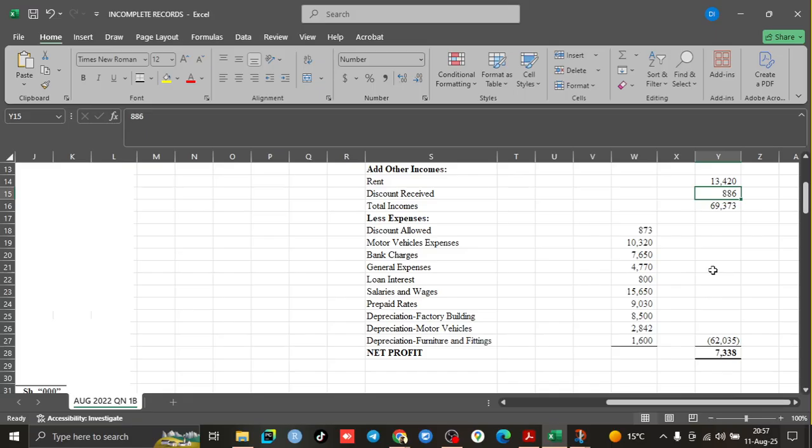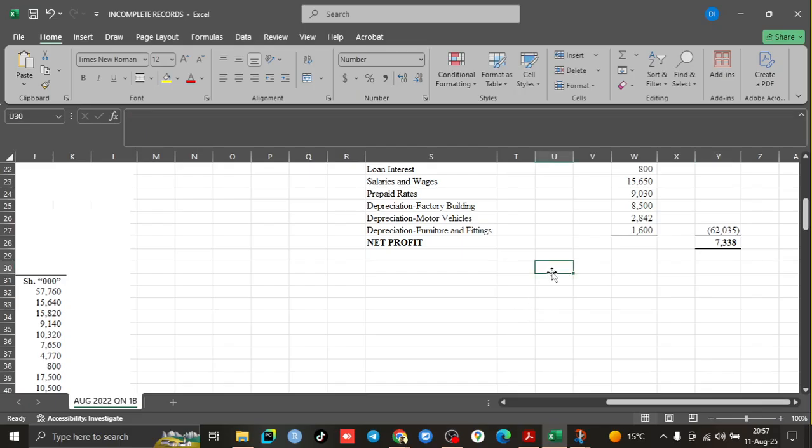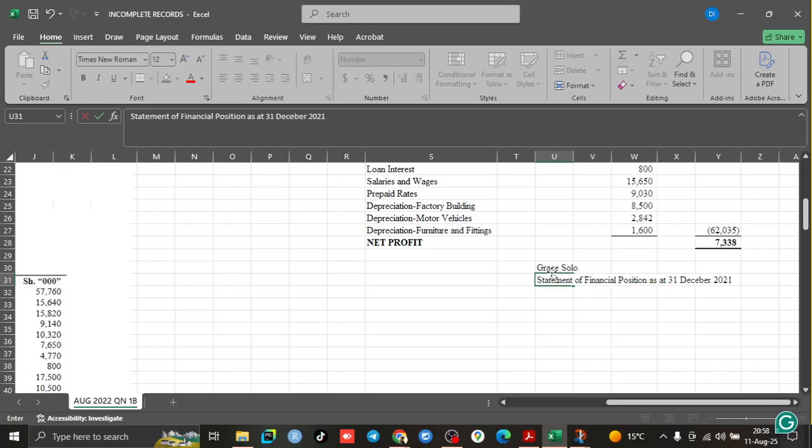So we can make our statement of financial position very fast. So Grace Solo, statement of financial position as at 31st December 2021, as the normal order of the day.